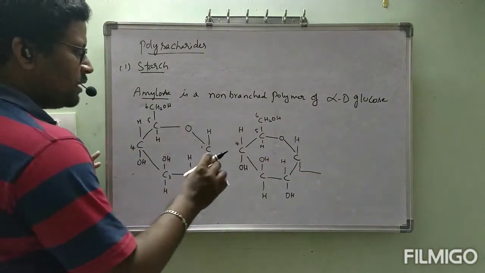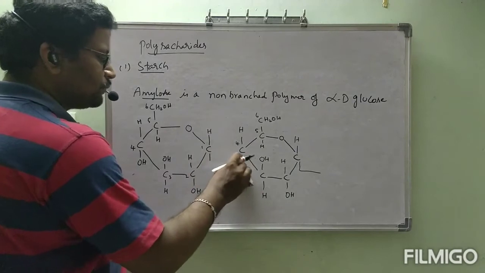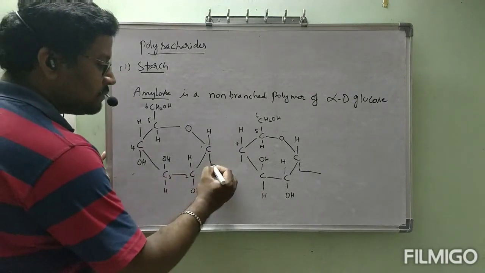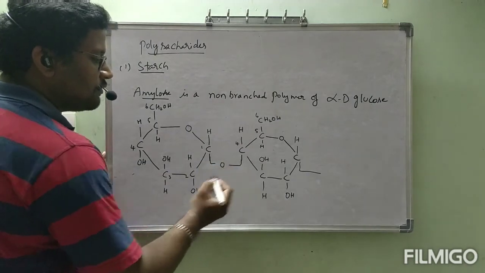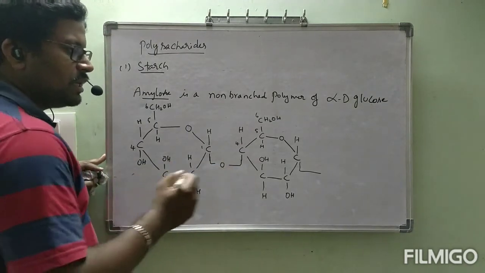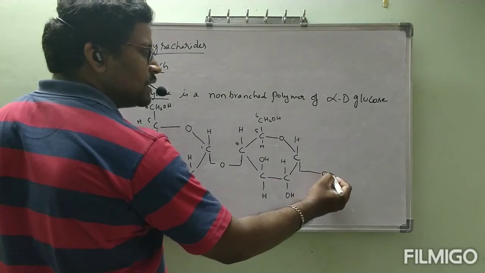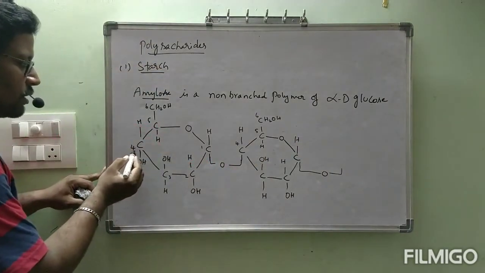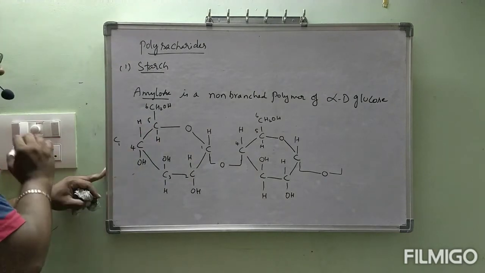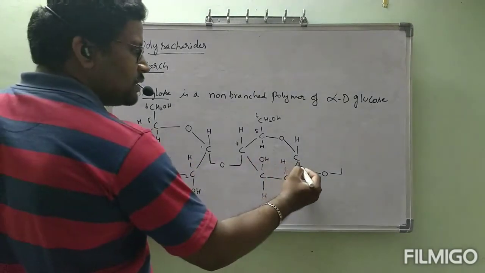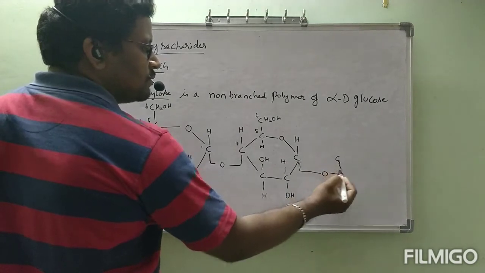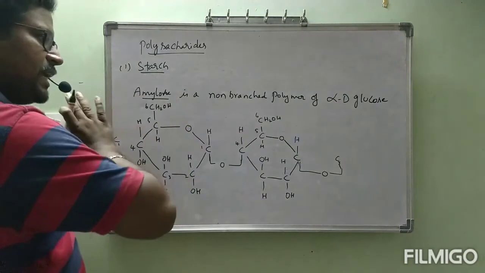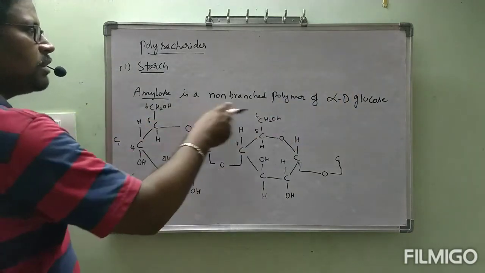Now previously we have seen for disaccharides how they form a glycosidic linkage. Here between C1 and C4 we have a glycosidic linkage. Next, this glycosidic linkage is continued with one more glucose. This C4 is continued with C1 of another glucose. Like that it will be continued. No branches at all, it is a straight chain, non-branched.